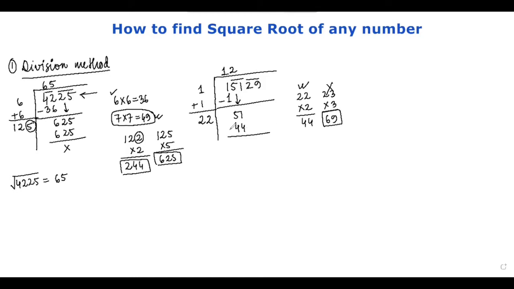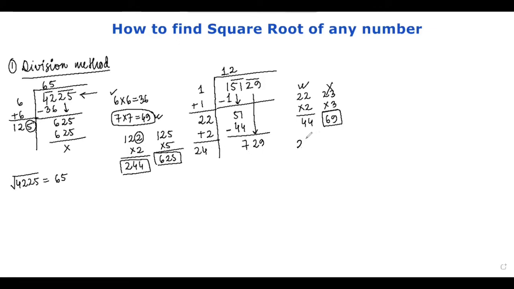Okay, so we subtract here and add outside, so we get 24 as our next divisor, and here we are getting 7, and the whole of 29 will come down. In the next step we'll repeat the same method.